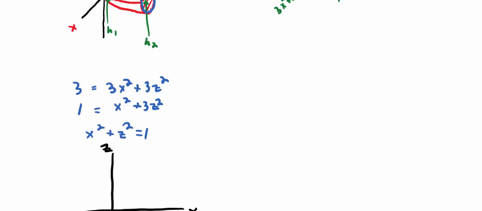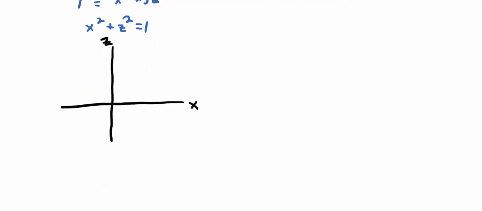Okay. So you project onto the xz plane, and you get the circle of radius 1 in the xz plane, the unit circle in the xz plane. Something like that, right?